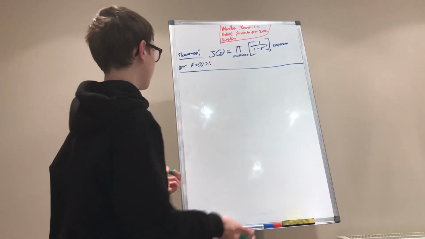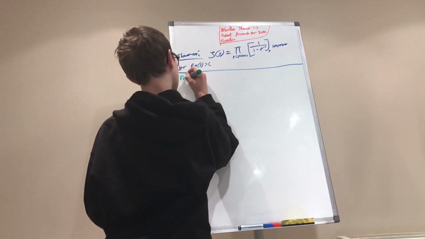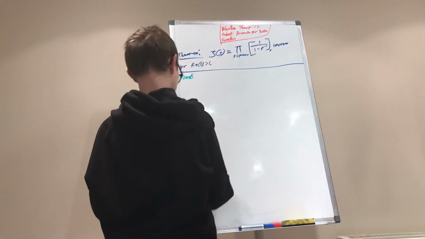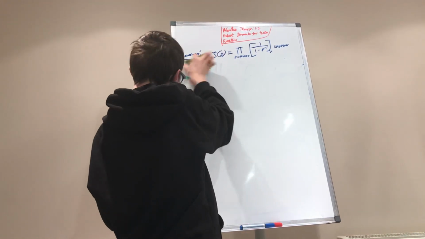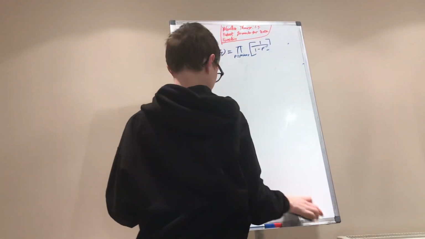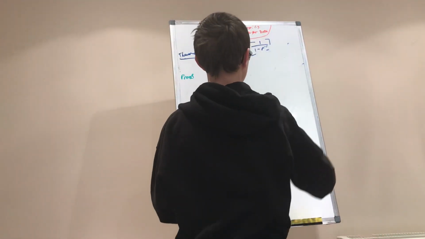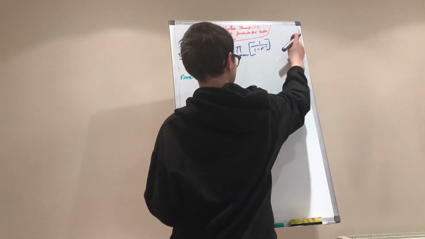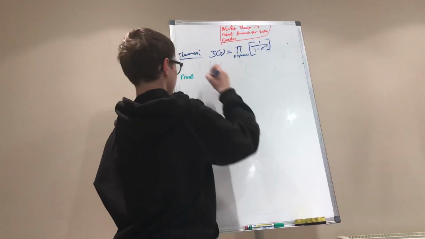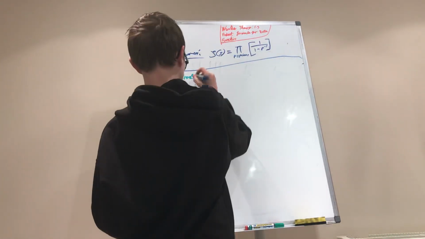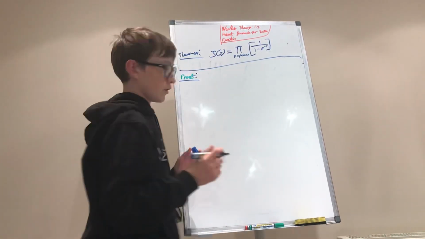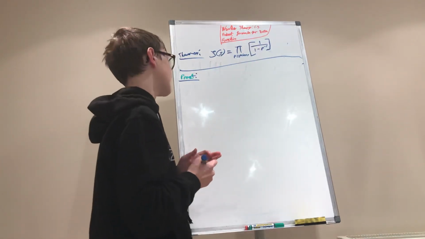Okay, so what's the proof? In fact, I'm not going to write this as part of the theorem, even though it's true. Just know that the zeta function has a pole at S equals 1, even with the analytic continuation.